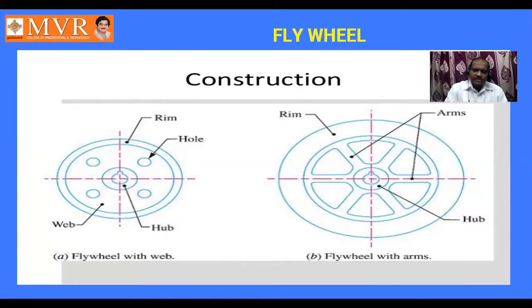I repeat once again: first, we convert the given engine parameters into a power, and for that power we design this flywheel. So the aim of the class is to design a flywheel. The parameters we are going to design are thickness and breadth.